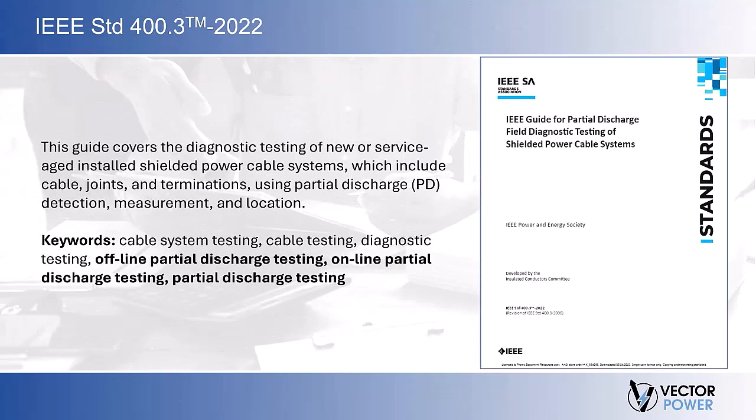One of the best go-to documents is the IEEE standard 400.3, the new 2022 revision. This guide covers the diagnostic testing of new or service age installed shielded power cable systems, which include cable, joints, and terminations, using partial discharge detection measurement and location.